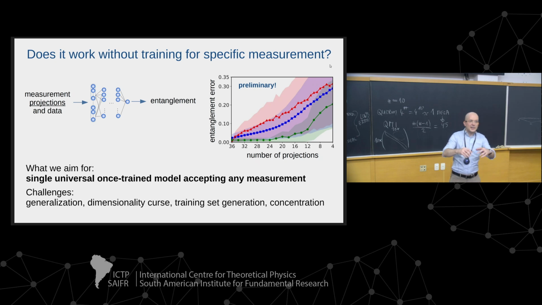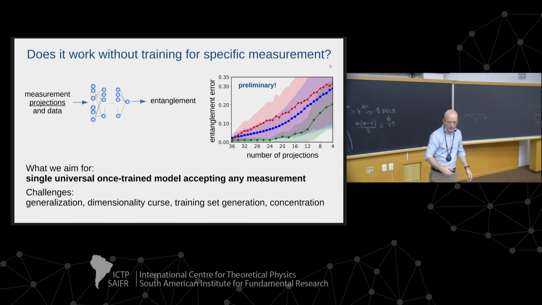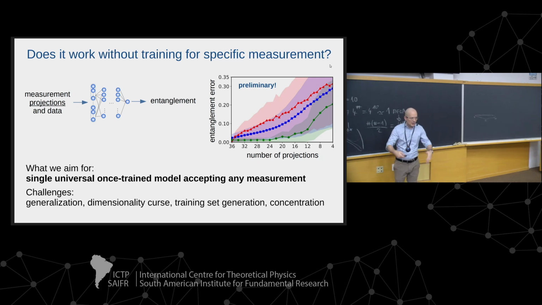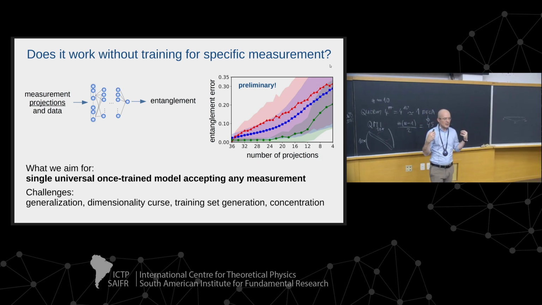So, okay, this was like filling some white spots from the previous lecture. Now we can continue. So our goal is to have a generic or general single model which can cover more measurement devices.